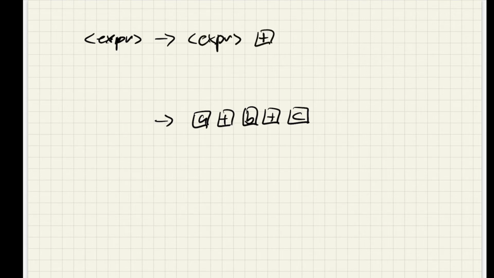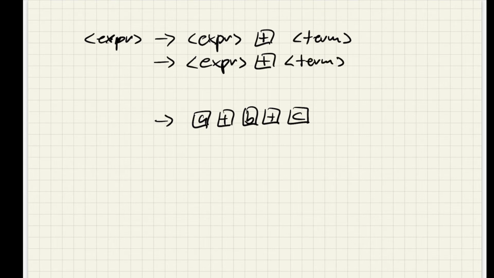So I expand this expression into that. And then I already could expand this into a C. And then I expand this expression here into another expression, followed by plus, followed by term. And then I copy paste this part.